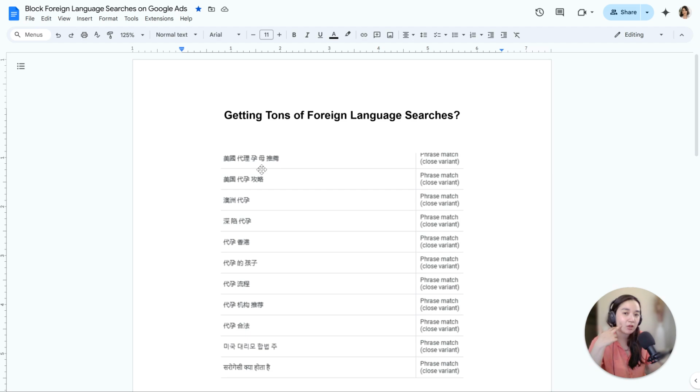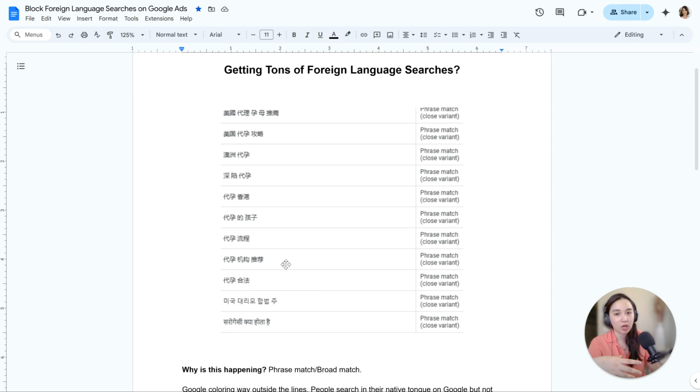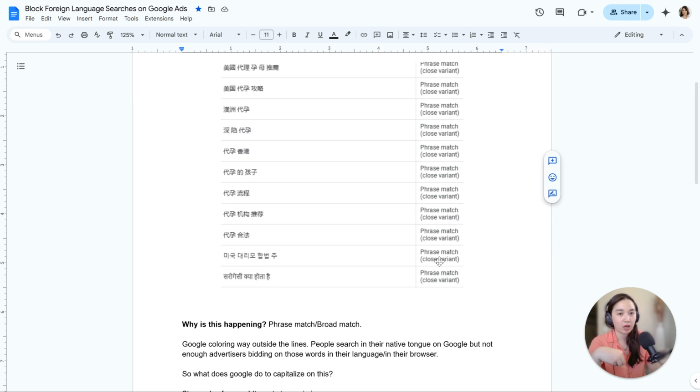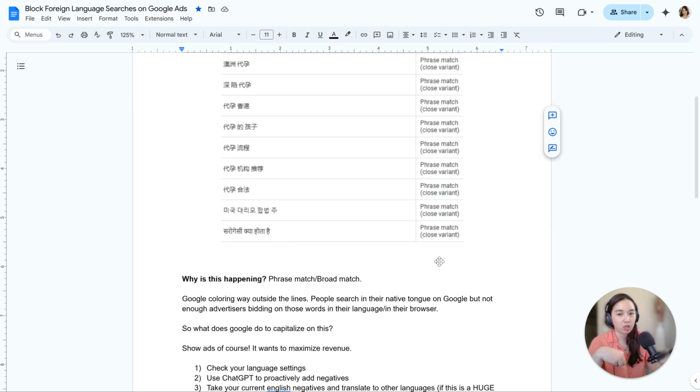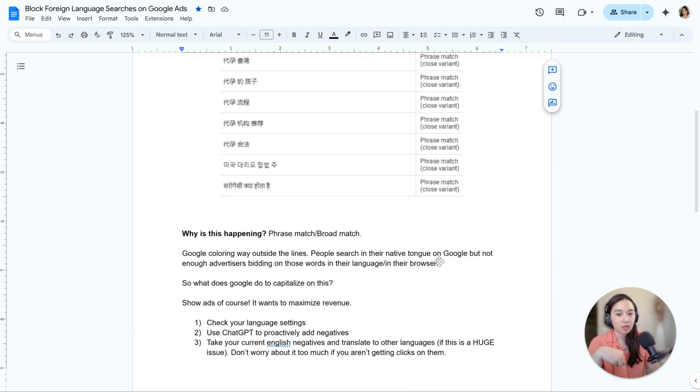But if you just don't want Chinese or Japanese or any of these languages, then probably just have ChatGPT come up with the top keywords for you, and go ahead and add it to your negative keyword list to try to proactively block out some of these foreign language keywords from appearing.